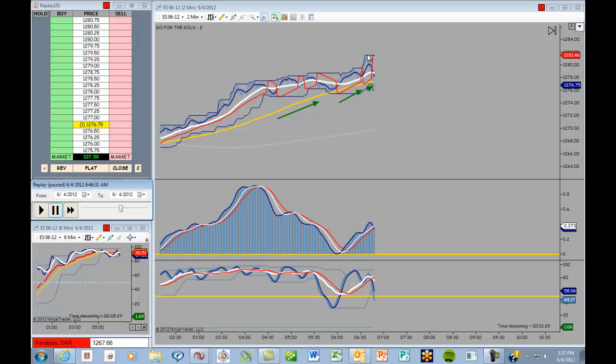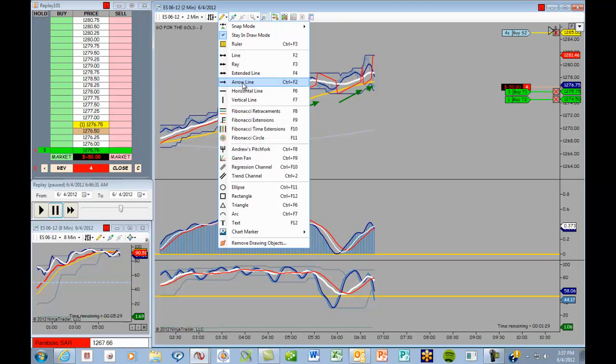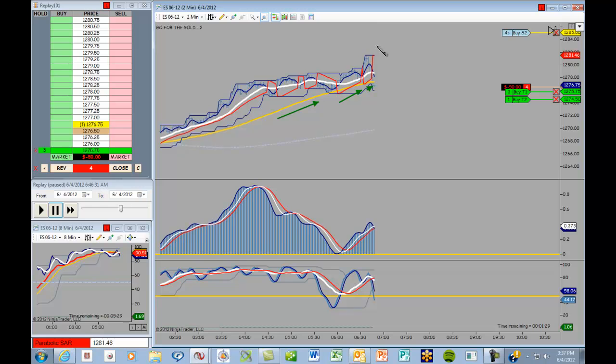We were going higher on the price, but nowhere near higher on the MACD. So let's get short and move these down a bit so that they are a little more visible.